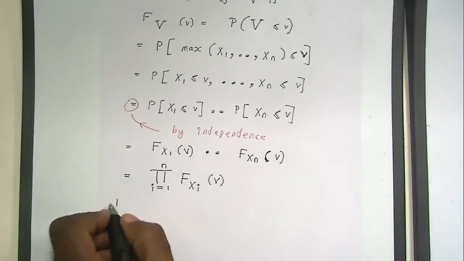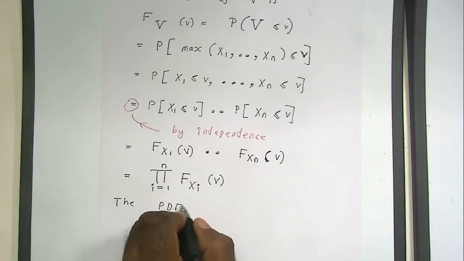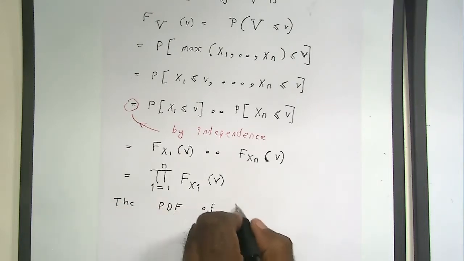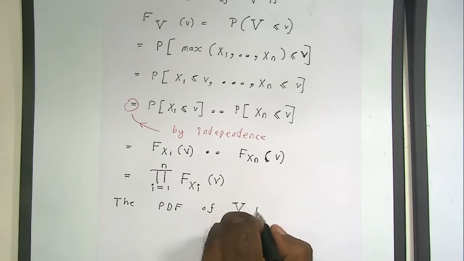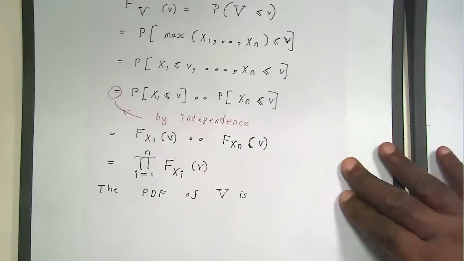Now the PDF of V. Again you need to apply the product rule to find the PDF.